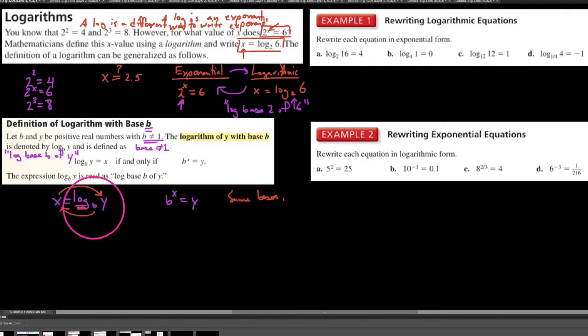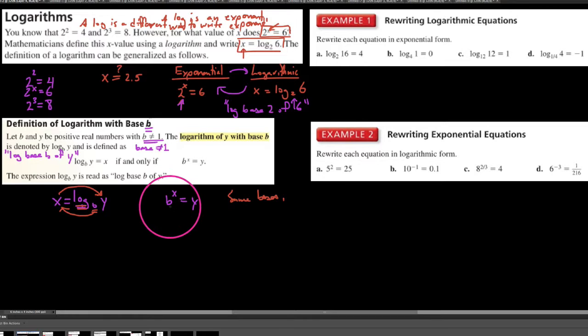We take b, the base, to the power across from the equal sign, and it turns into this bigger written number. So writing from logarithmic form into exponential notation, you grab your base, take it to the power of the thing on the other side of the equation, and it turns into y.